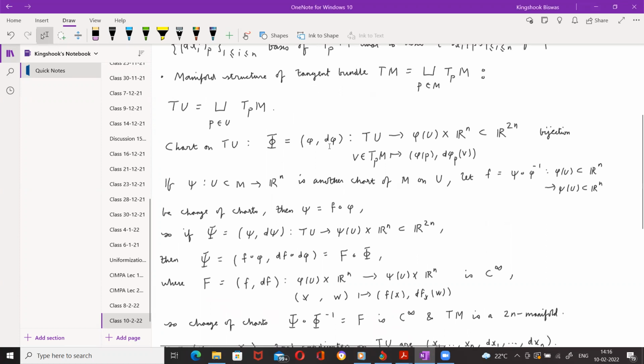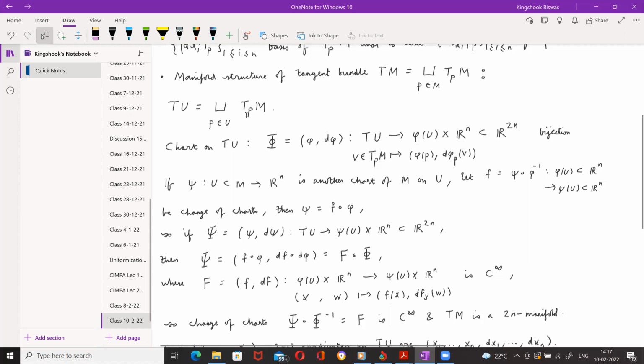So how do we define charts on TM? The charts will come as follows. Let me take the same open set U where my chart phi on M was defined, and let me look at TU, the tangent bundle of U, which is the disjoint union of the tangent spaces at points of U.